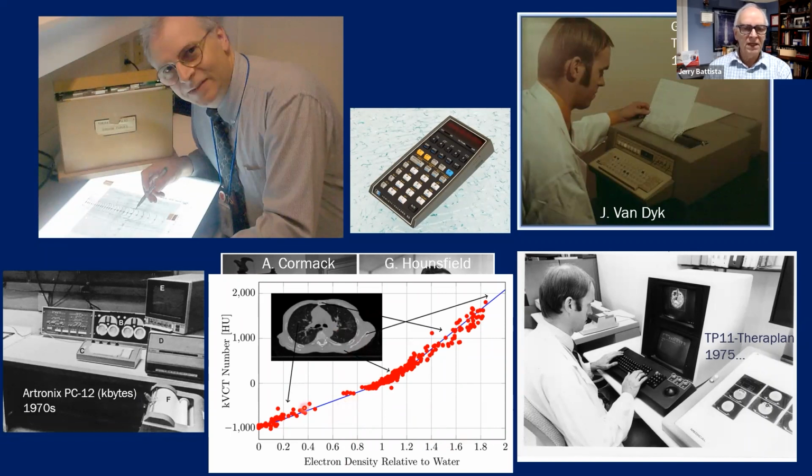And that was a major advance. Before that, outlines of lungs could be made, but nobody knew their densities in vivo. So this was a big push forward. And here's Jake again many years later on a Theraplan system, with, you can see, the CT images here.